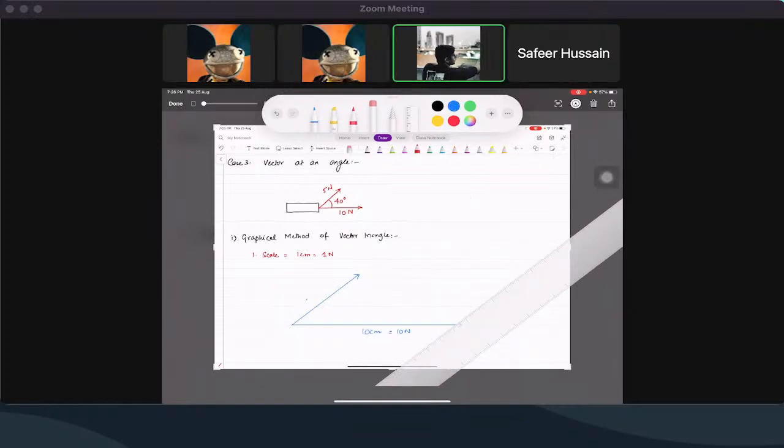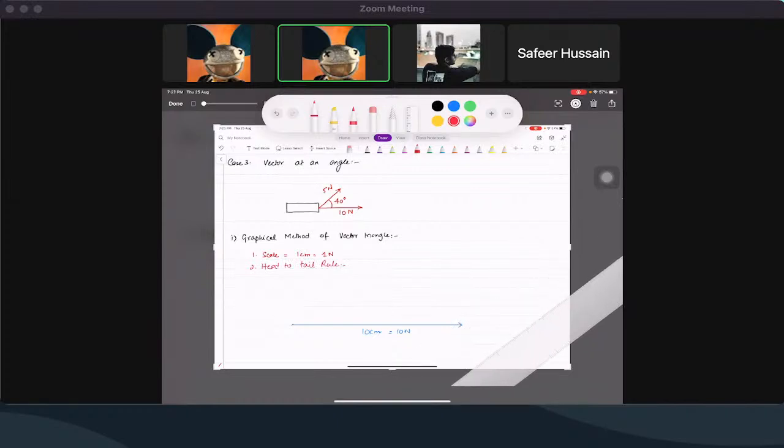Yes. Oh, sorry, I started doing parallelogram. Completely mind checked. Okay, so then what you do is you draw a head to tail rule. What is head to tail rule? Head to tail rule means that the head of the first vector must be connected to the tail of the second vector.